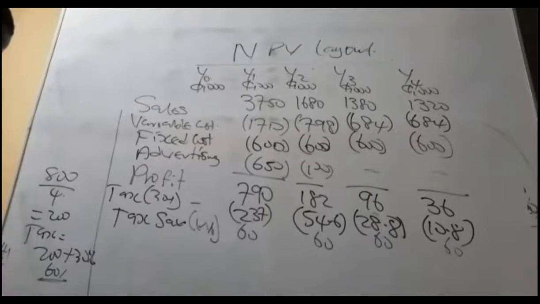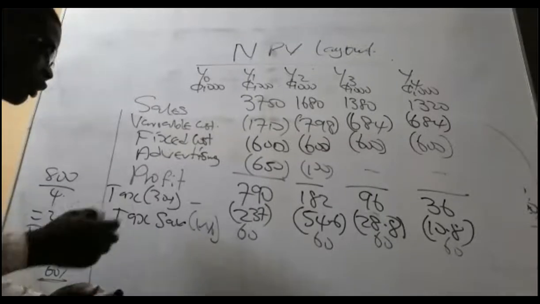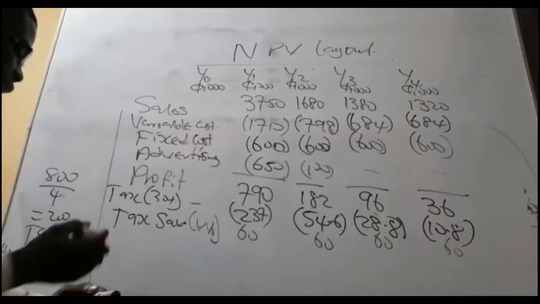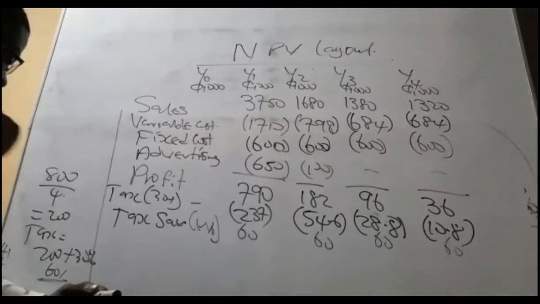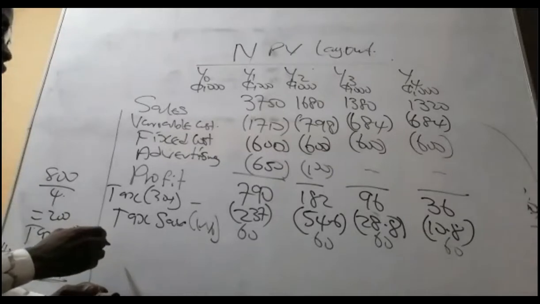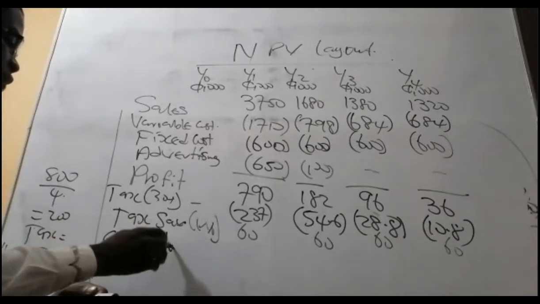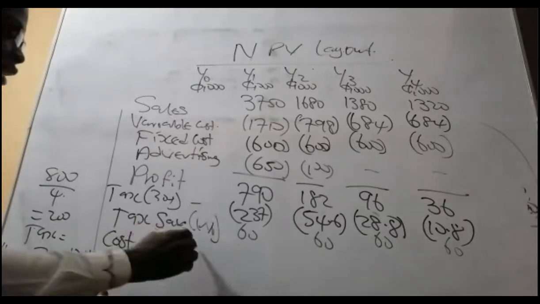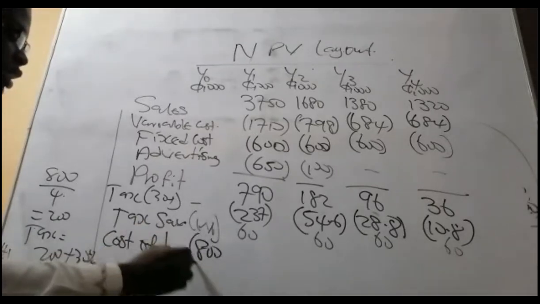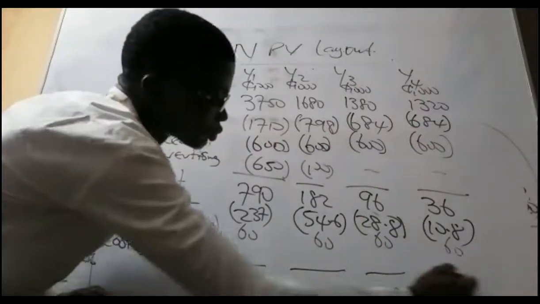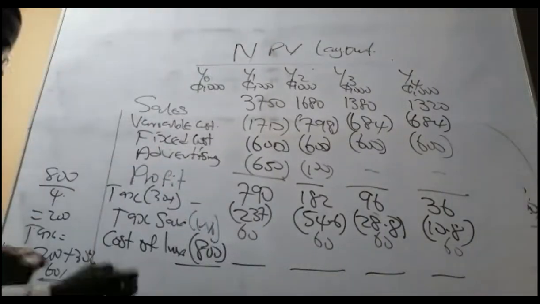So therefore, what will be the net? Here there's no working capital. There's no scrap value. So go to cost of investment, which is 800,000, which will be recorded here as negative. So now let's find the net cash flow.